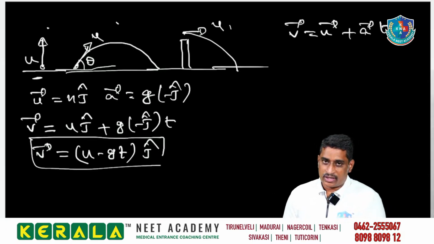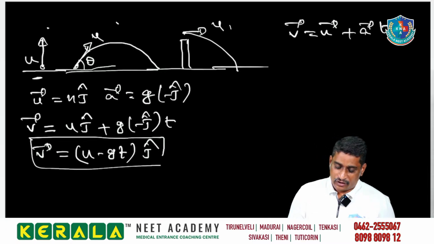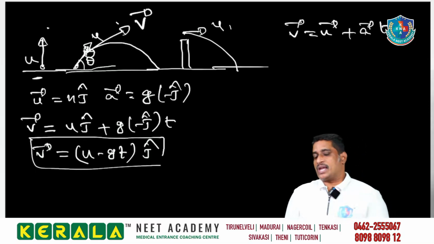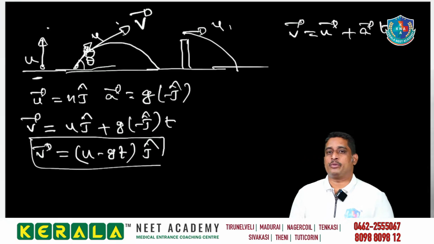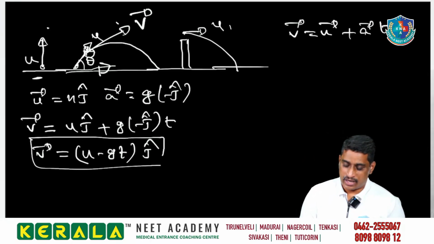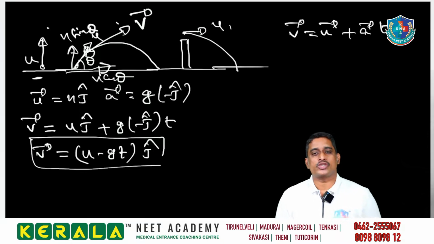If you come to the second case, after some time t, the location of the body will be somewhere like this. At this point, the velocity of the particle will be v̄. In this case, the initial velocity has two components: one along the x-axis, u cos θ, and one along the y-axis, u sin θ.